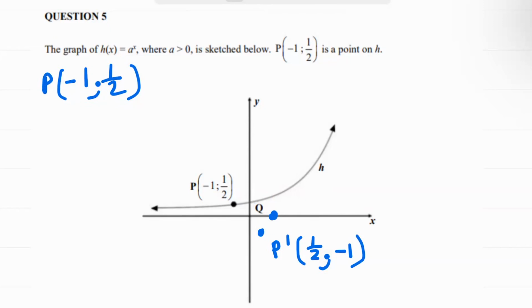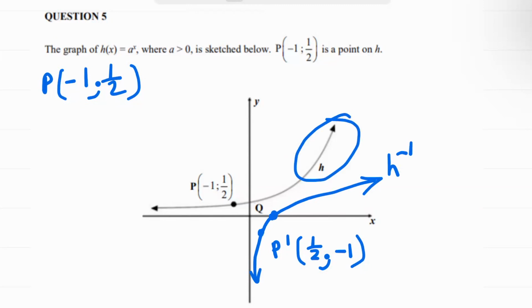Okay, and this graph is going to take the shape of, you can see these things are not drawn to scale here. The original graph is not drawn to scale, but it's going to take the shape like that. Okay, this would be the inverse of h. The graphs will look a lot better if they were actually drawn to scale, but unfortunately the one that they gave us is not drawn to scale.